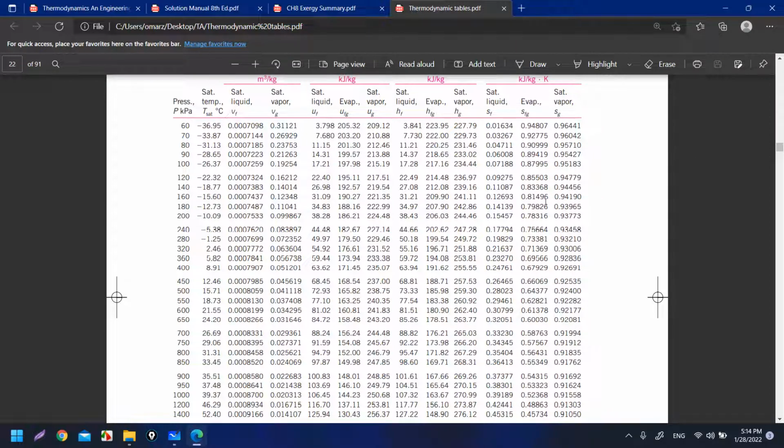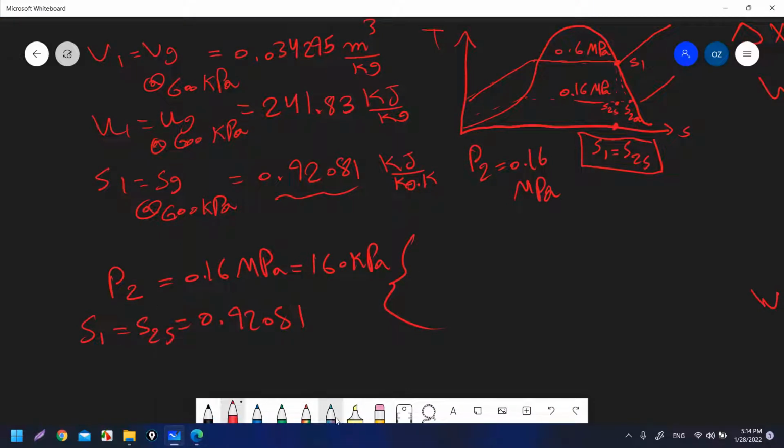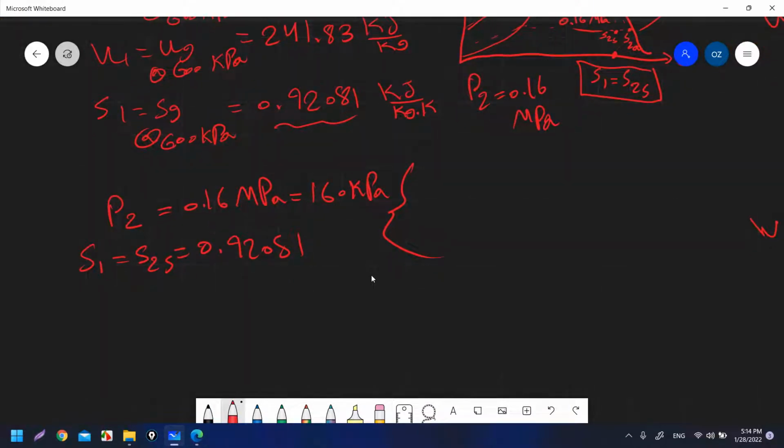But here my entropy S2 is 0.92, less than 0.94 and higher than 0.81, so it is a mixture. So S2 is less than Sg and higher than Sf, so it is a mixture.